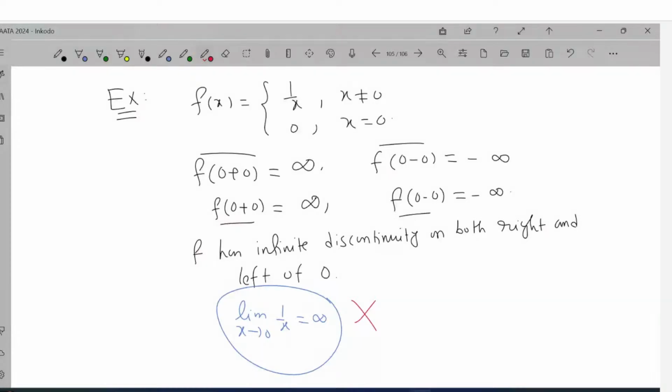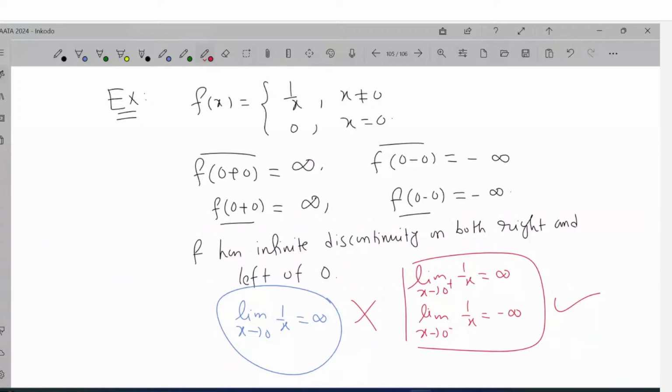But limit x tends to 0 plus 1 by x is infinity, and limit x tends to 0 minus 1 by x is minus infinity. So this is correct, but this is incorrect.